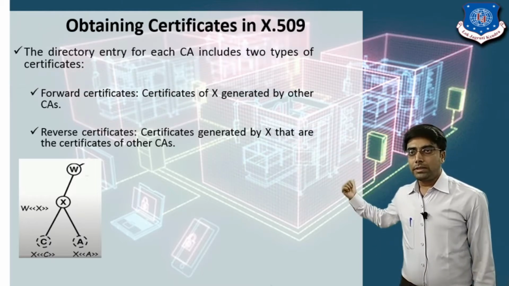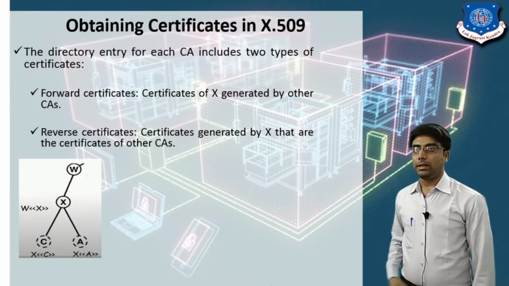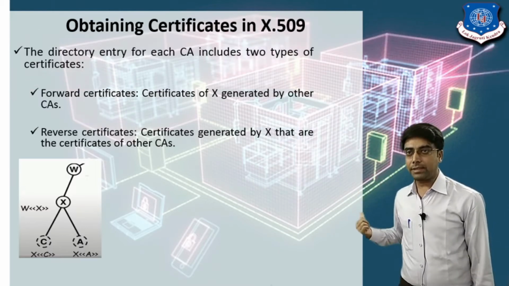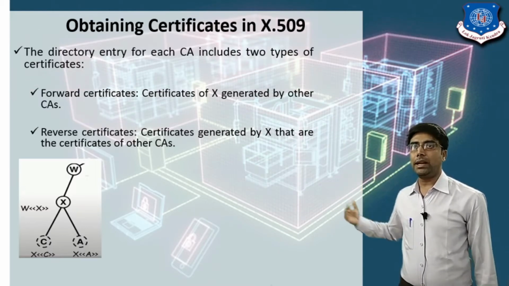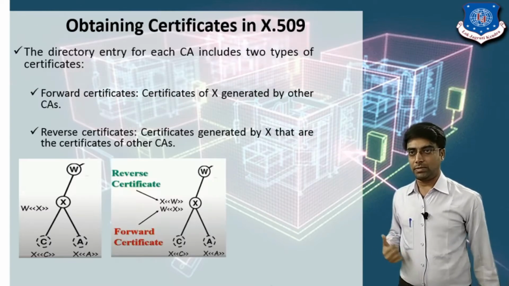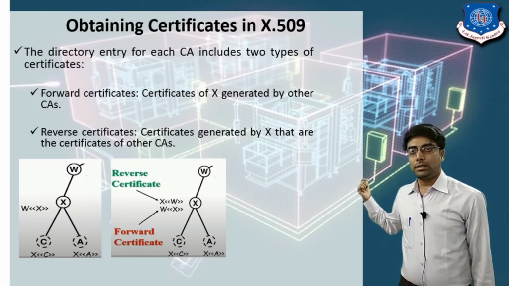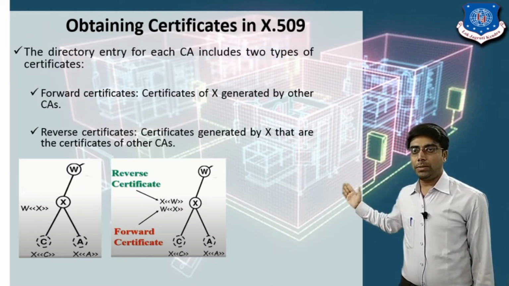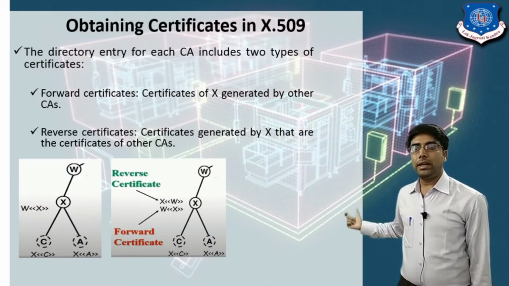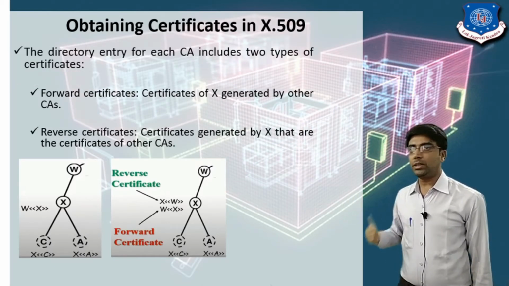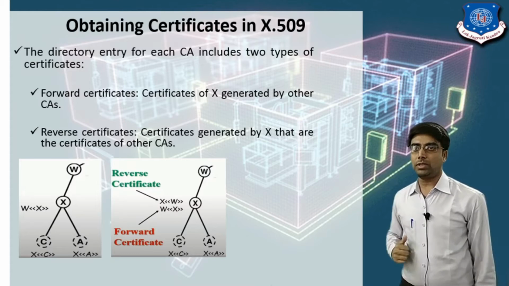Second is the reverse certificate: the certificates generated by X, that are the certificates of the other certificate authorities. You can see in the reverse certificate, the certificate of W is generated by the certificate authority X. So this process is called the reverse certificate.